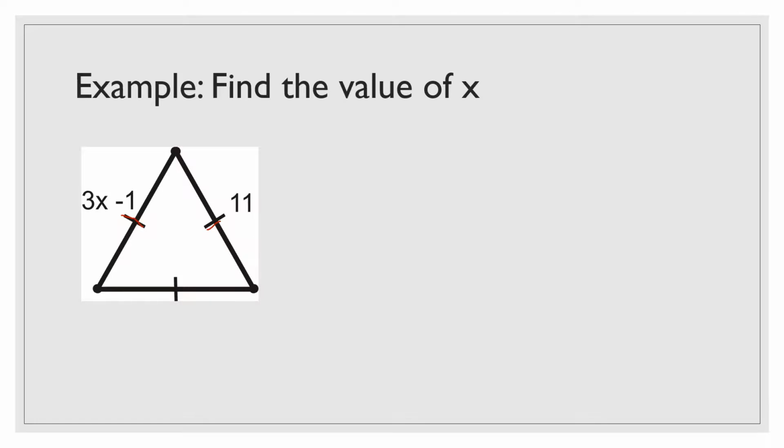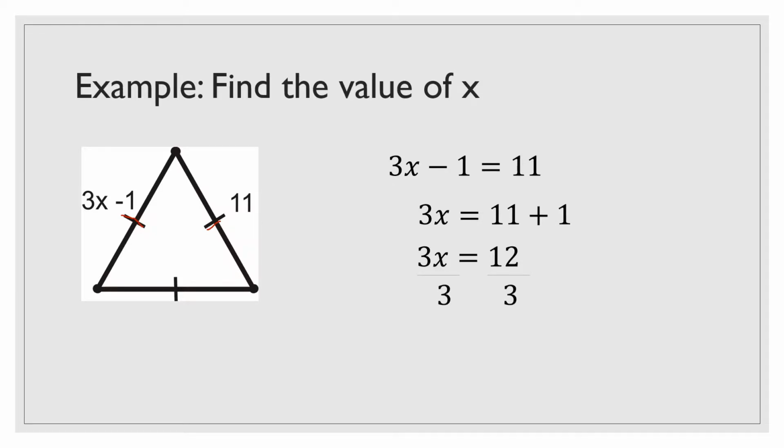They are equal. So we have 3x minus 1 is equal to 11. Then combine similar terms. So magiging 3x equals 11 plus 1. And then that is equal to 3x equals 12. Then divide both sides of the equation by 3. So the value of x is now equal to 4.